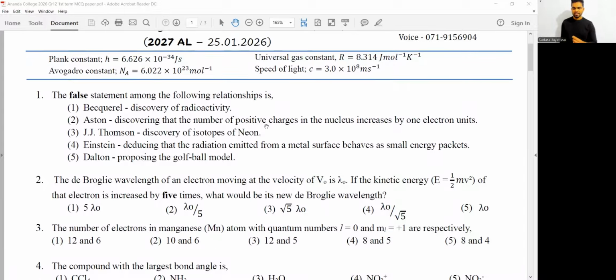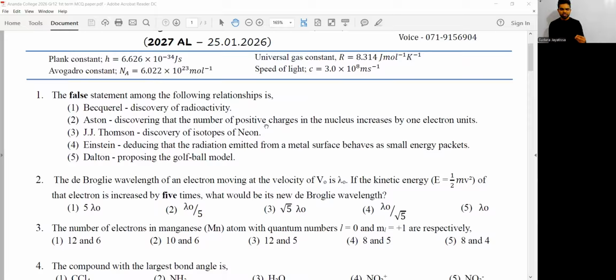Okay, then Aston. The discovery mentioned for Aston is wrong. Okay, so Aston is our answer, right? Aston and Thomson both joined to invent the mass spectrometer, and then they discovered the isotopes of neon, right?